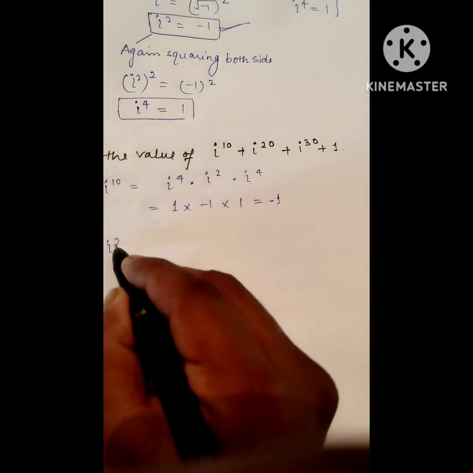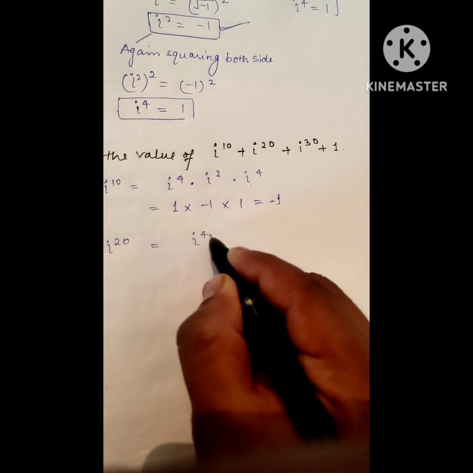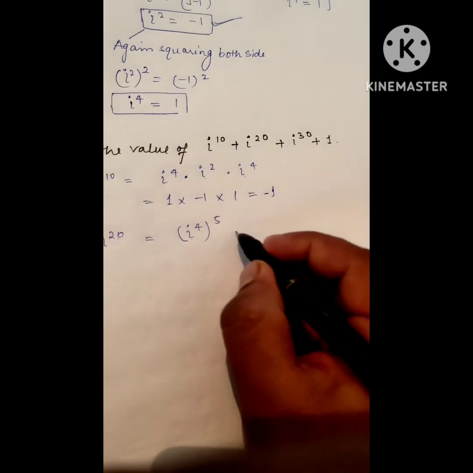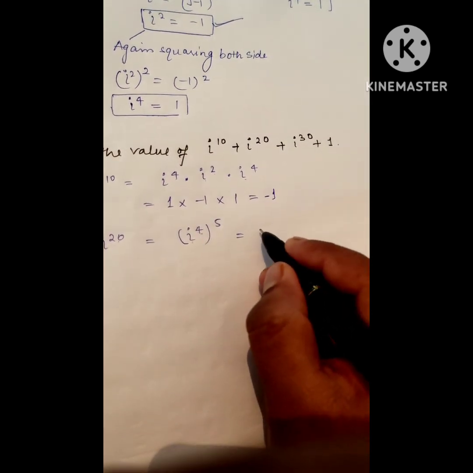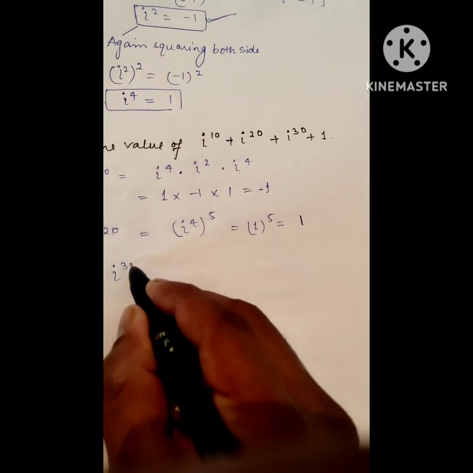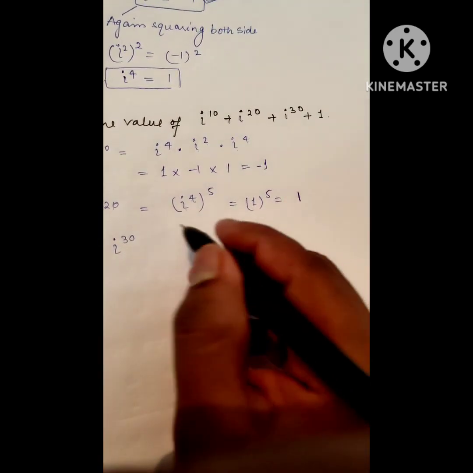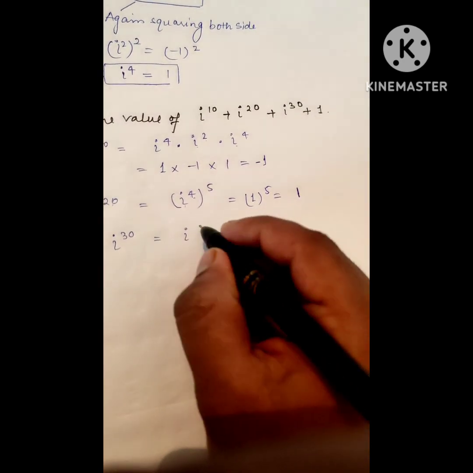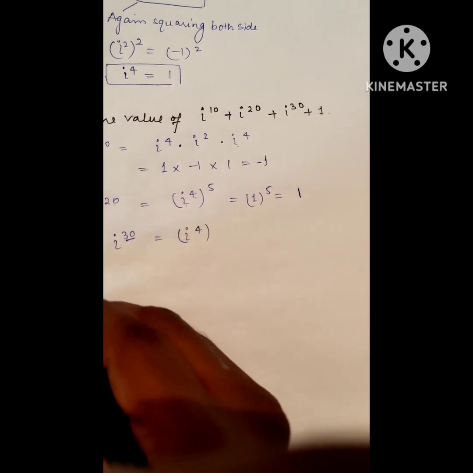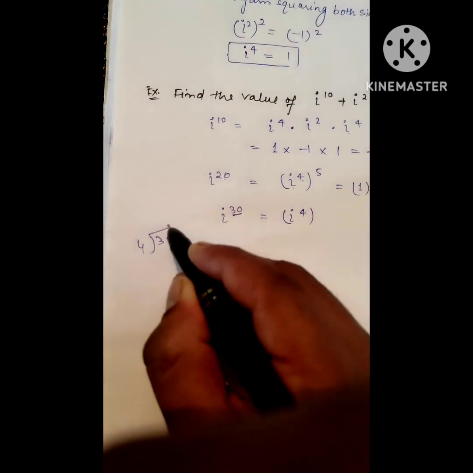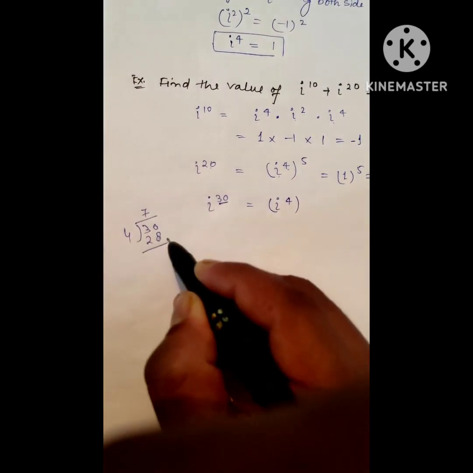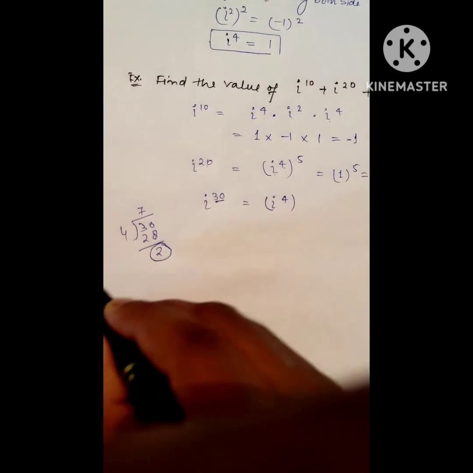Similarly i to the power 20 is i to the power 4 to the power 5. i to the power 4 is 1, 1 to the power 5 is 1. Now i to the power 30: divide 30 by 4. 7 times 4 is 28, remainder is 2.